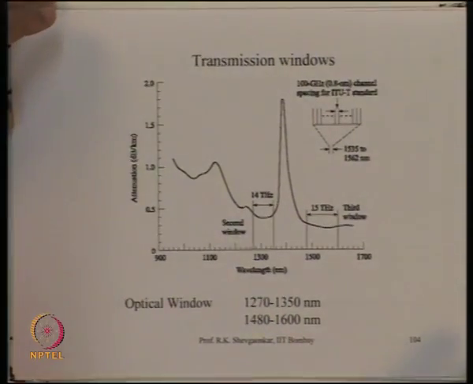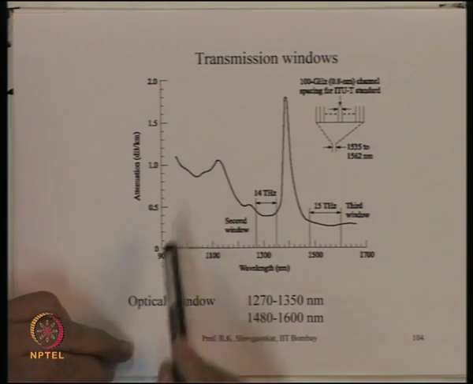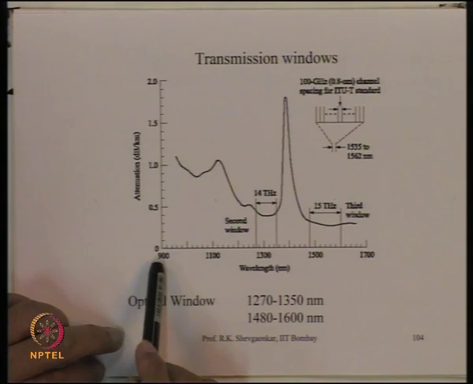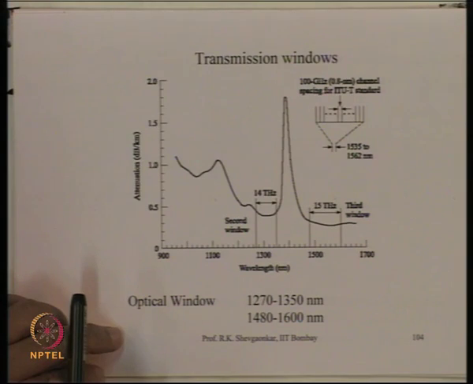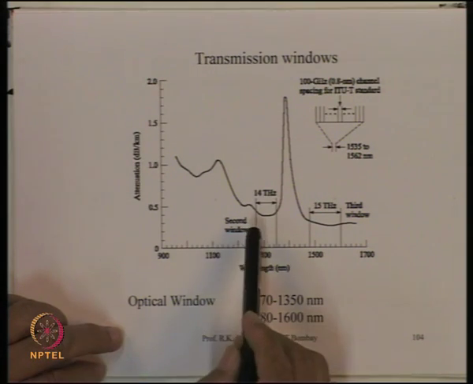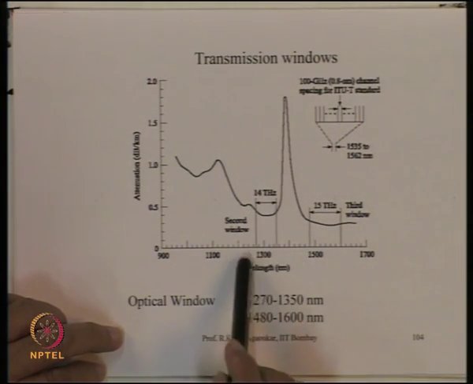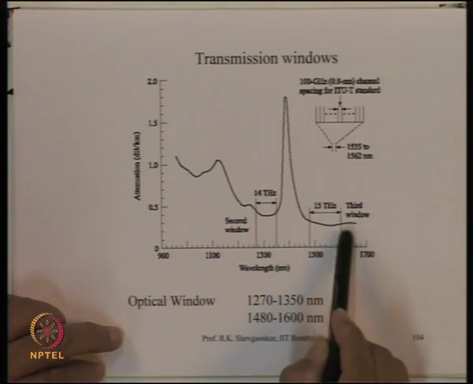Let us look at the low loss spectrum of the optical fiber, what we call the transmission window. This is the typical loss profile for the optical fiber, with wavelength going from about 900 nanometer to about 1700 nanometer. As we had seen earlier, there are two windows: the second window of optical communication around 1300 nanometer, and the other around 1550 nanometer.